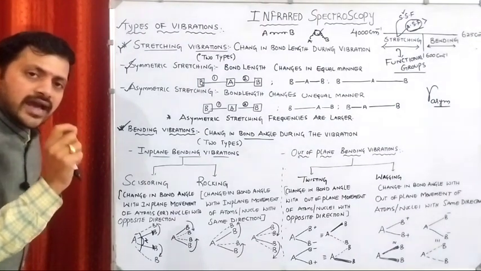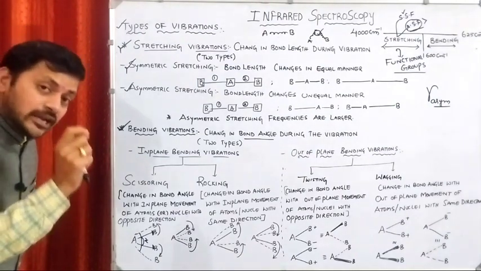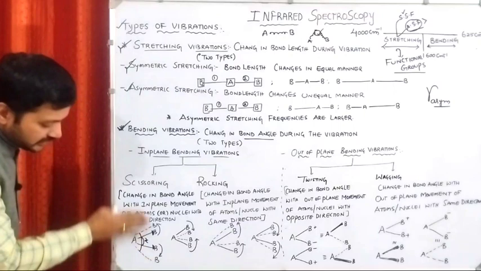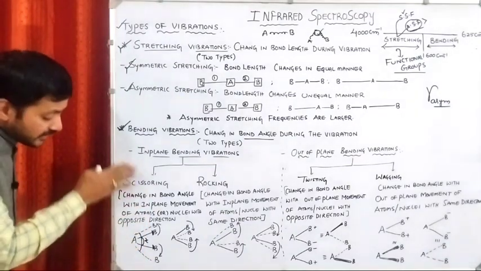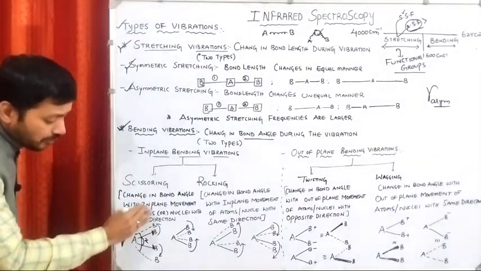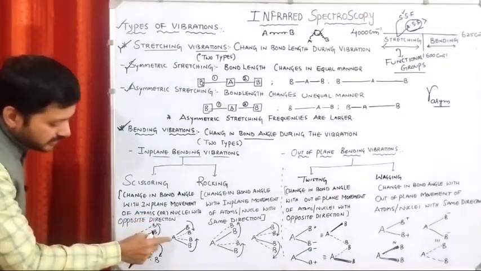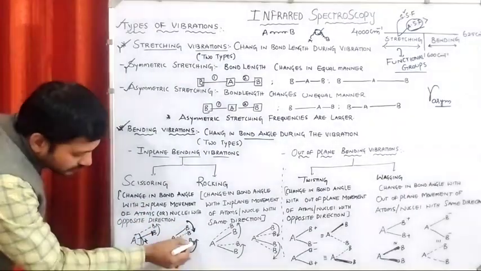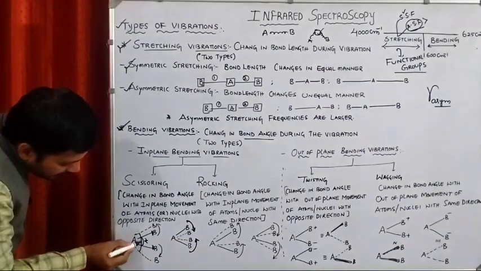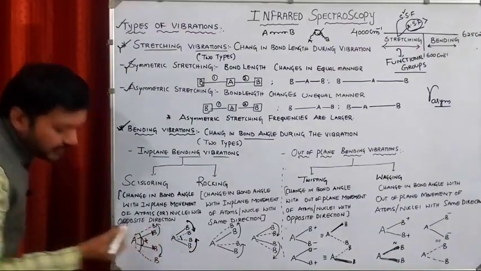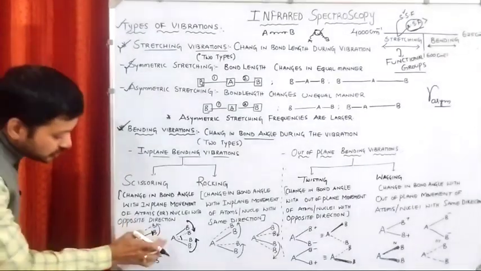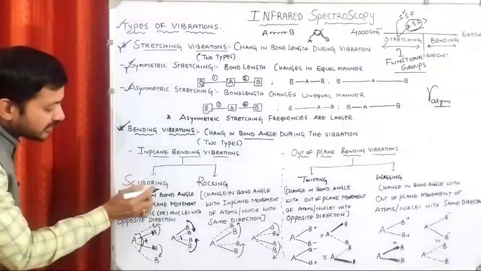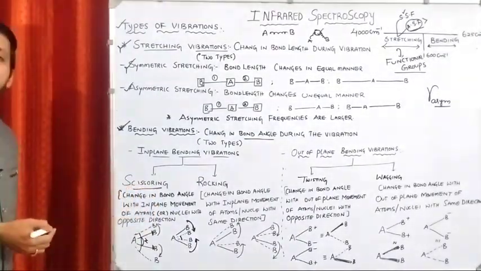The attached atoms are moving in plane. That is on the board only. In plane, opposite movement. Here see this one. In plane, opposite movement, here the bond angle increased. Here the bond angle decreased. Such type of bending vibrations are commonly called scissoring vibrations.